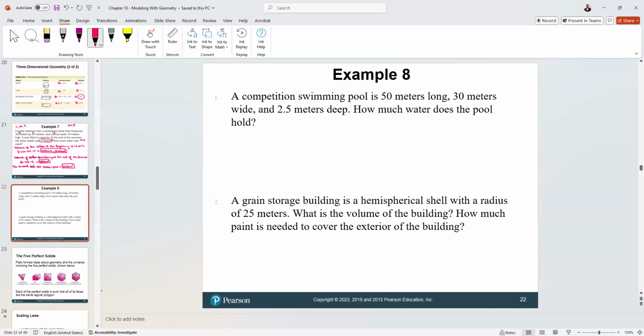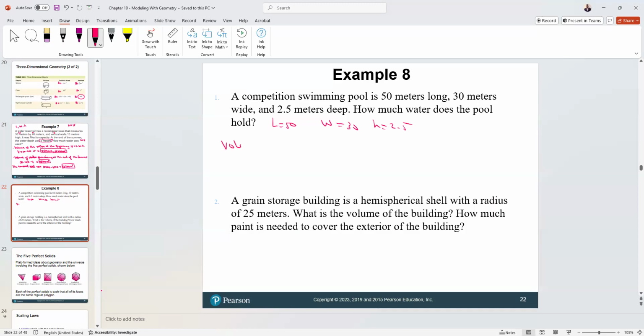A competition swimming pool is 50 meters long, 30 meters wide, and 2.5 meters deep.